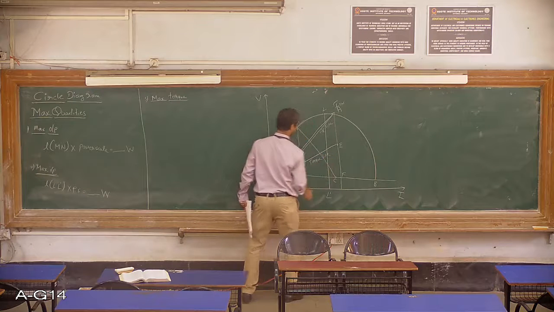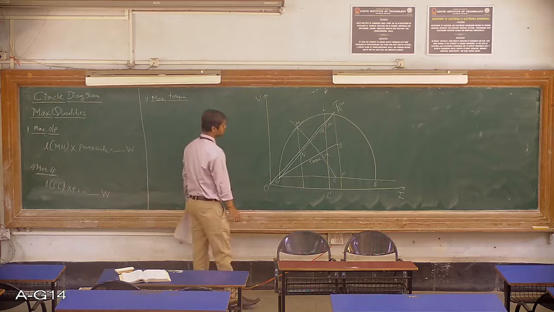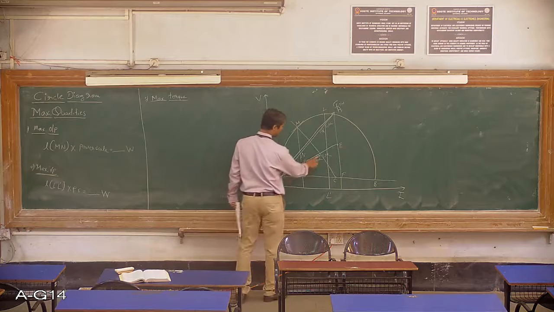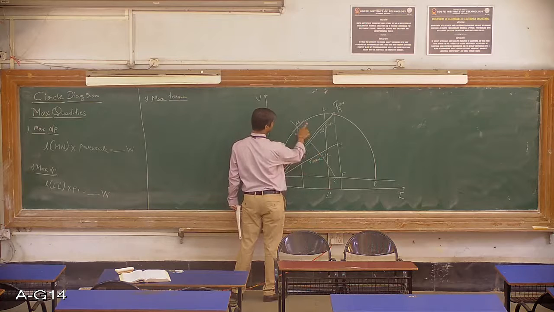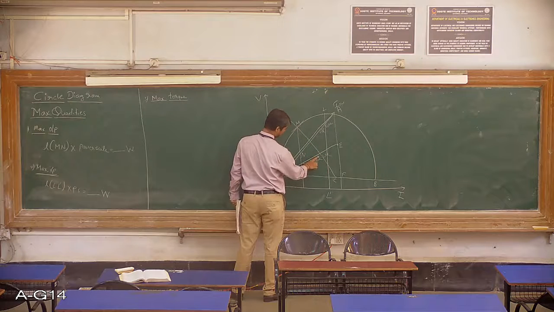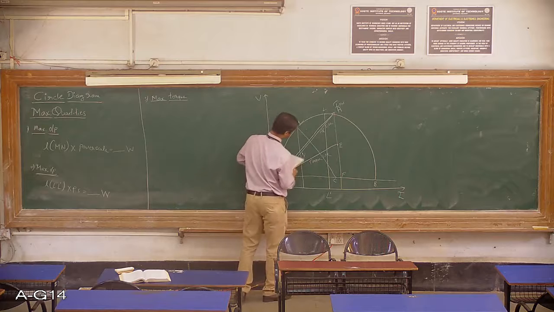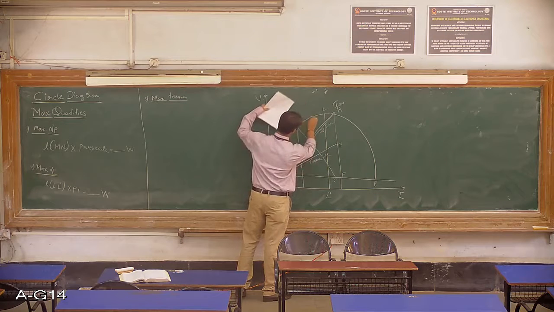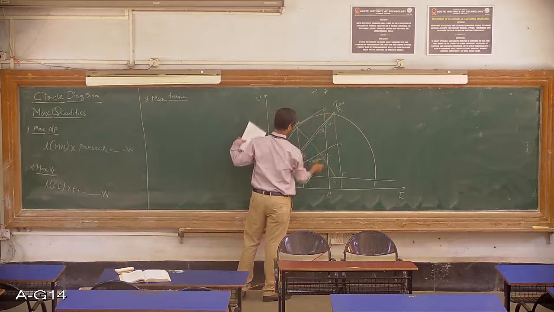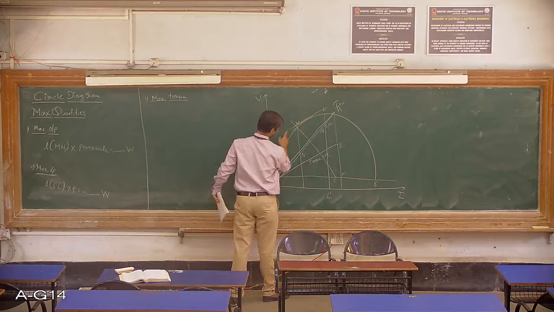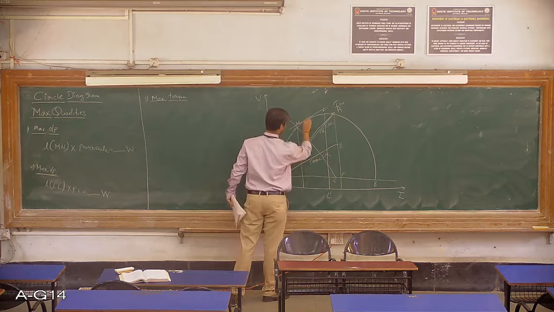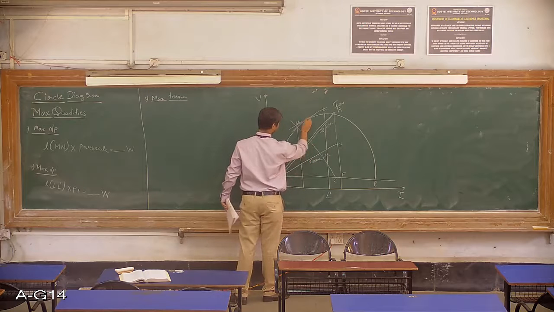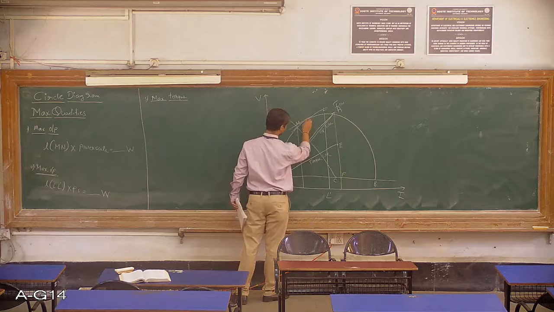Now to calculate the maximum torque, draw a line parallel to this torque line which is also a tangent to the circle.